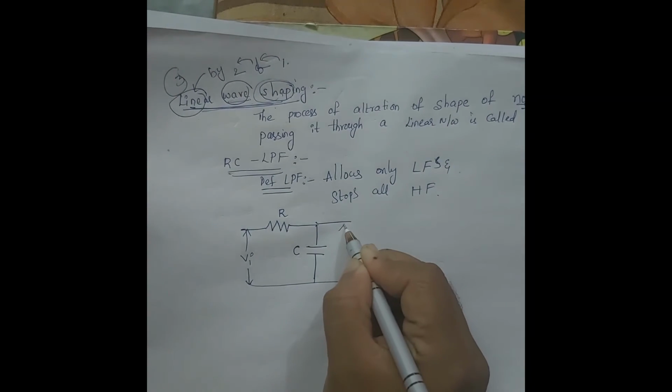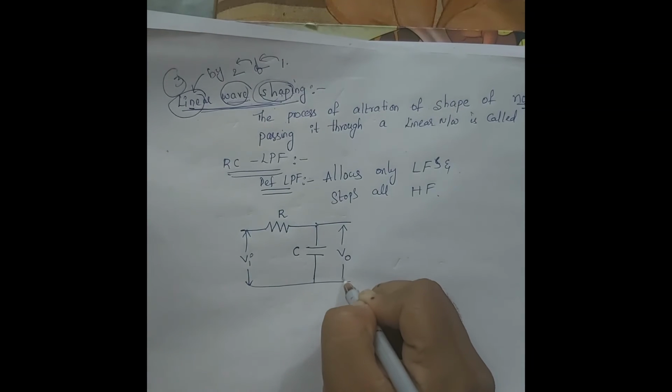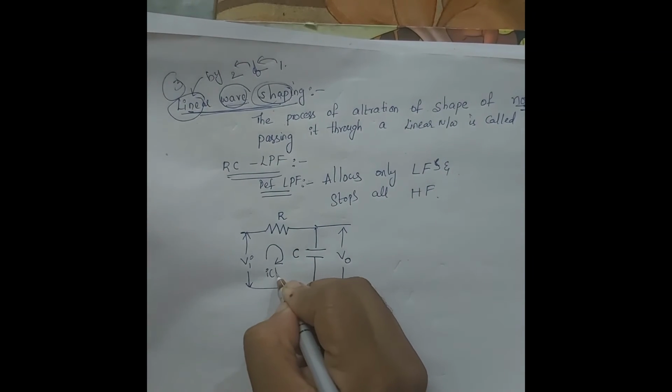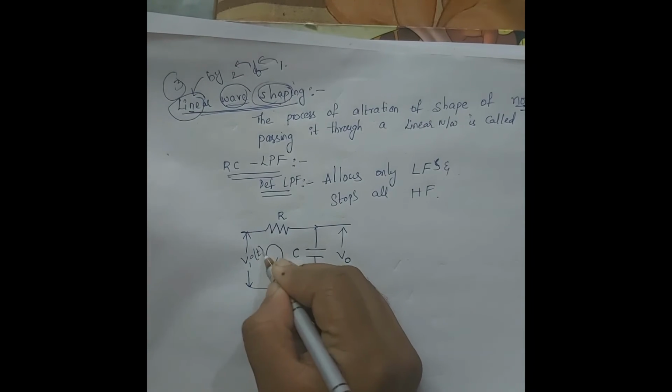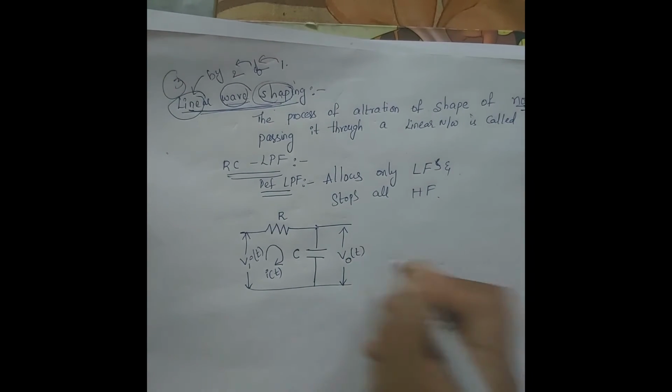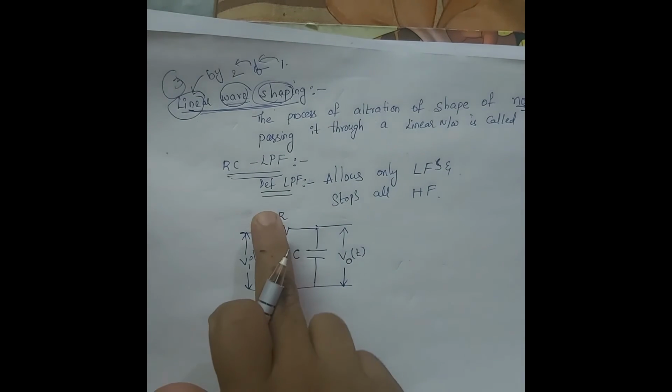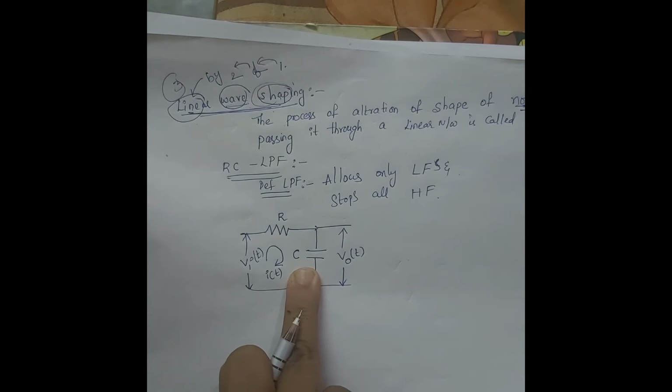Input, output. The input is Vi of t. All are analog signals, so we are going to give analog signals. Okay, this is the RC low pass filter circuit.